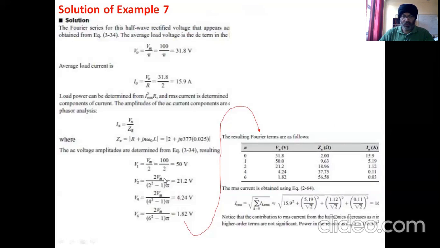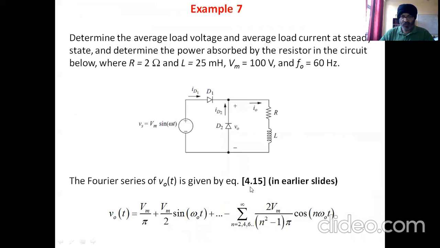And all other harmonics can easily be found using equation 4.15. Using that equation, we can find the harmonic contents.